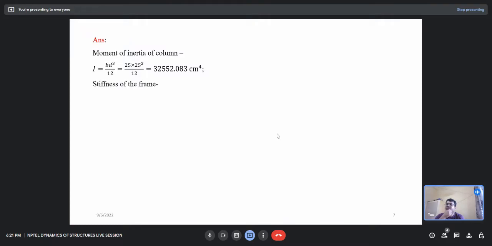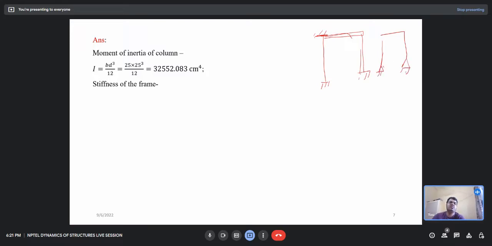Now we have to determine the stiffness of the frame. There are two types of cases: one column rigidly connected to the beam and fixed at the bottom, and the same frame with a hinge.